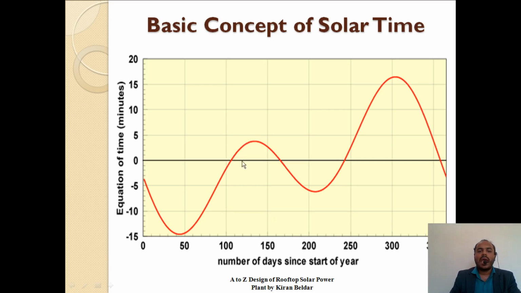So we need to add this much time to our local time so we can easily get our standard time. Again it is decreasing, again it is increasing. These values are given in minutes, and on the x-axis the days increase. So overall, for the 365 days we can get the equation of time curve by calculating this formula.